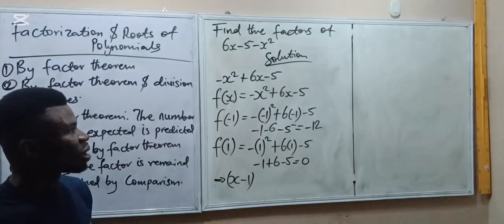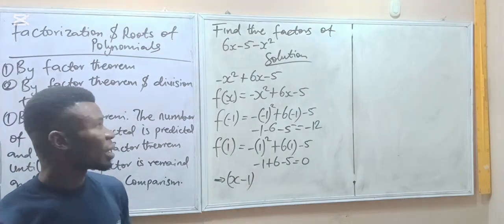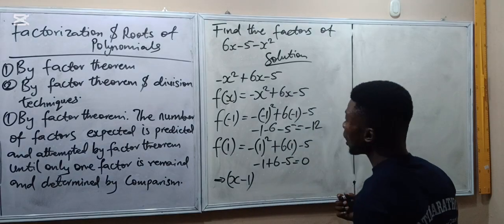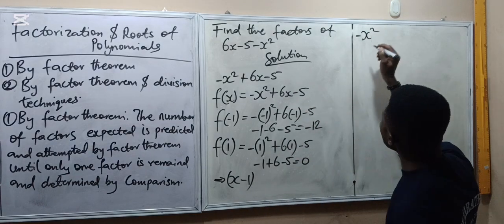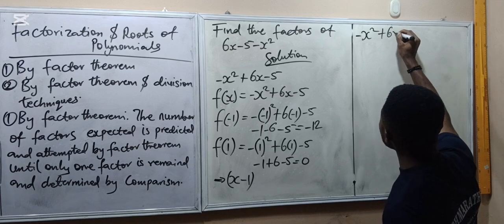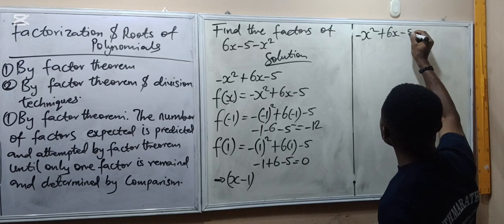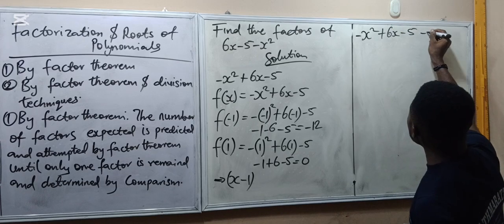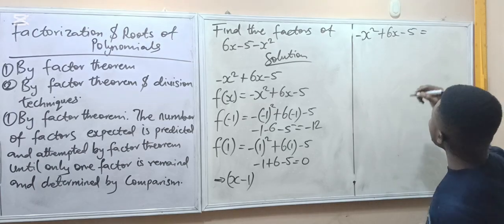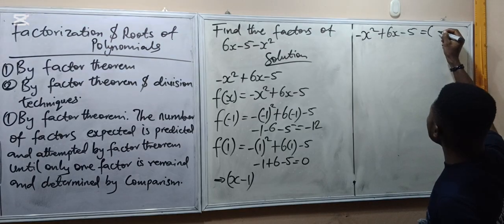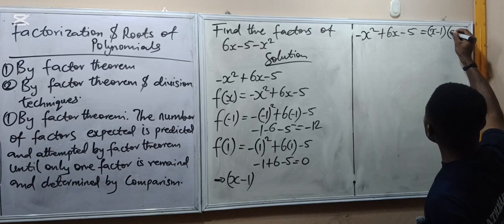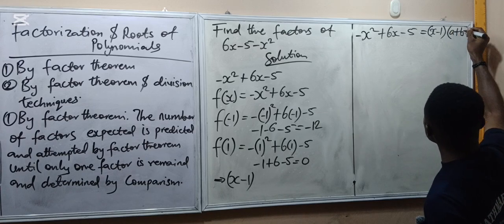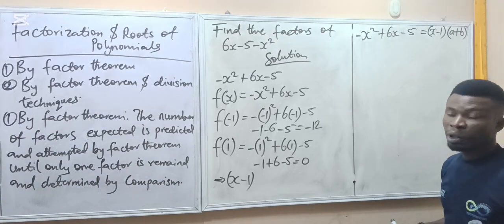Now, how do we determine the other factor? We now do comparison. So we have minus x squared plus 6x minus 5 is equal to, we have one of the factors as x minus 1, and the other one we are looking for, we take it as a plus b.